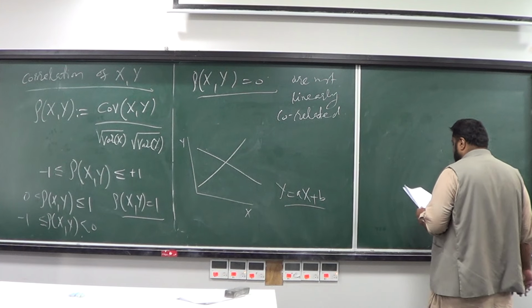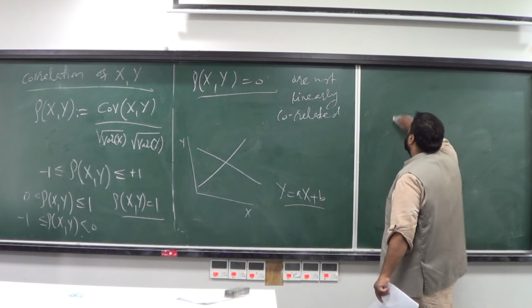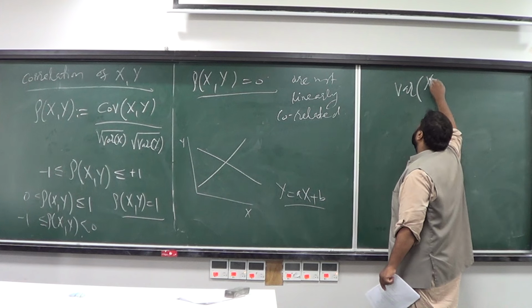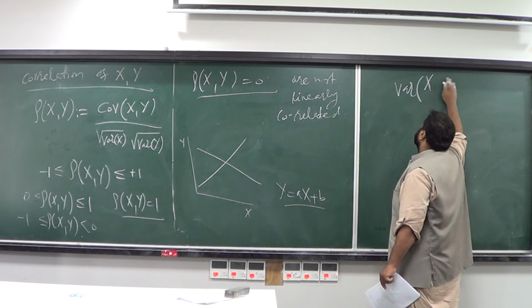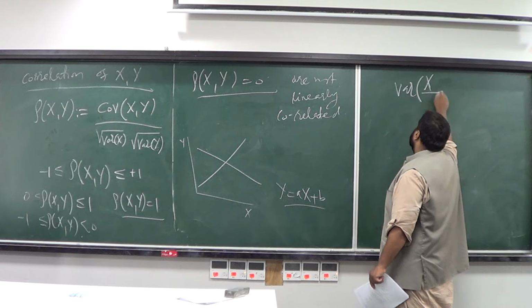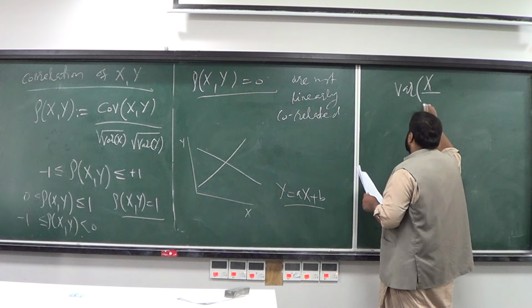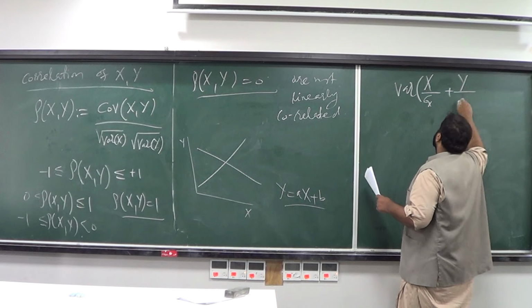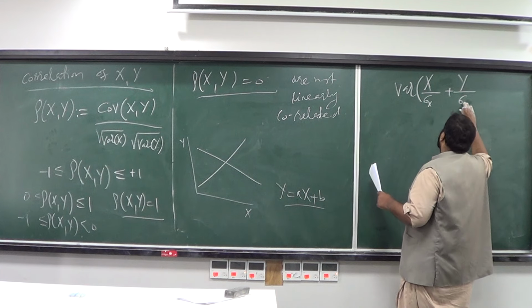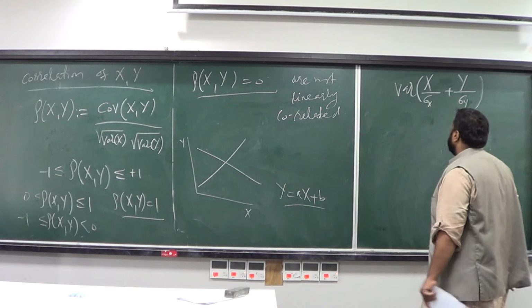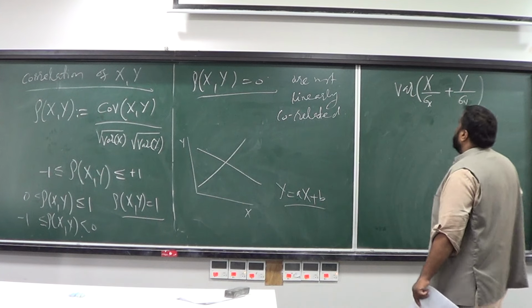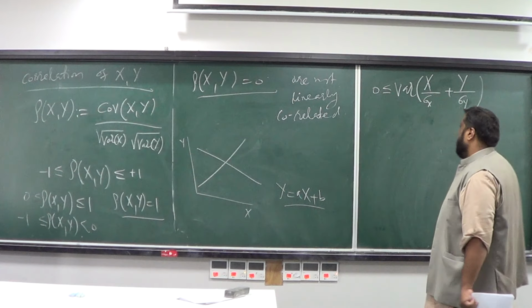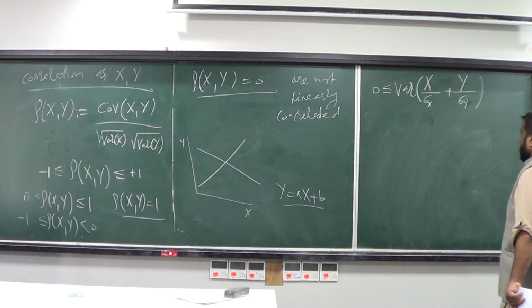If you take the variance of two random variables, say x divided by the standard deviation of x plus y divided by the standard deviation of y, I know one thing for sure: variance is always non-negative. So let's compute this variance.